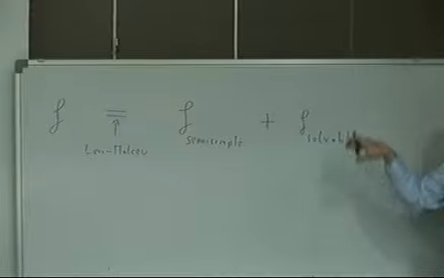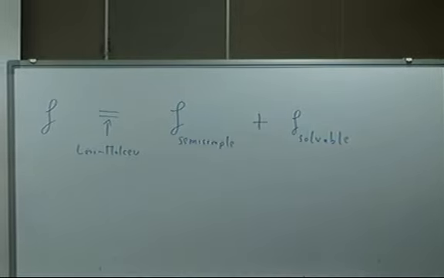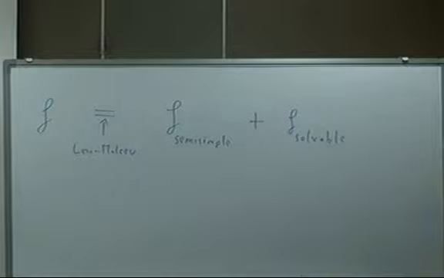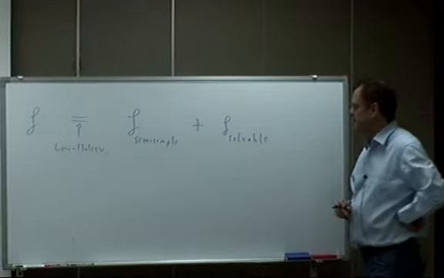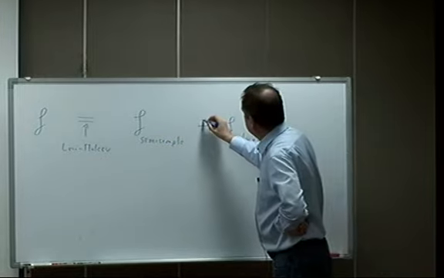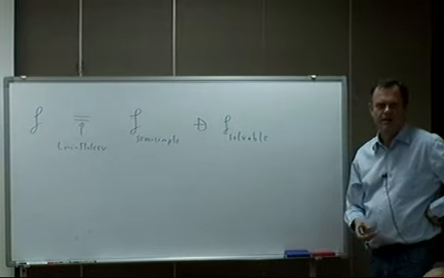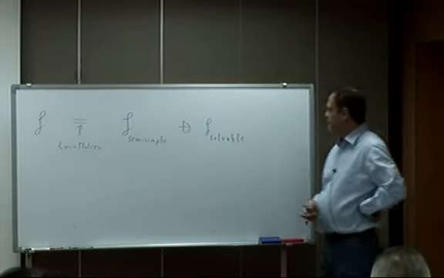Every Lie algebra can be decomposed into a sum of a semi-simple one and a solvable one. This is not actually a direct sum of subalgebras. In fact, it's a semi-direct sum. Sometimes one indicates this just by a half circle. Yeah, so it's a semi-direct sum.